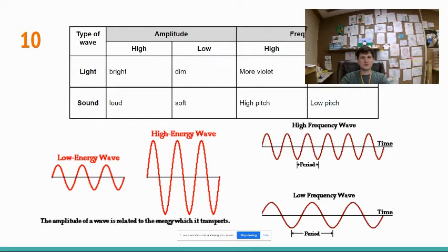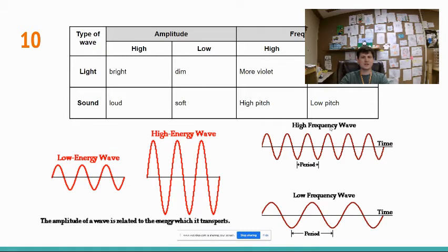So let's apply this concept to things that we can see and things that we can hear. Remember, the energy in a wave is directly related to the amplitude. So a bright light has a lot of energy. It has a high amplitude. Whereas a dim light is going to have low energy and a low amplitude.